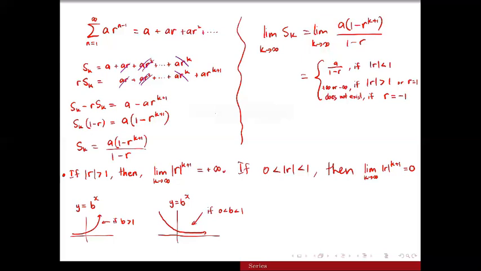If actually r is not equal to 1, the 1 minus r will cancel. This guy here will have a factor 1 minus r. It will cancel this one. That is if r is not equal to 1.